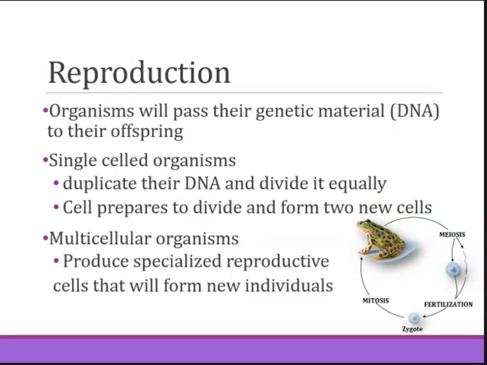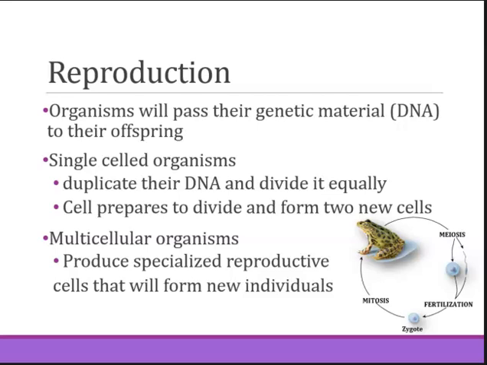Another property of life is reproduction. Organisms will pass their genetic material, or DNA, to their offspring. Single-celled organisms, or organisms made up of just one cell, can duplicate their DNA. Again, DNA is genetic material. They then divide this DNA equally, and the cell will prepare to divide and form two new cells.